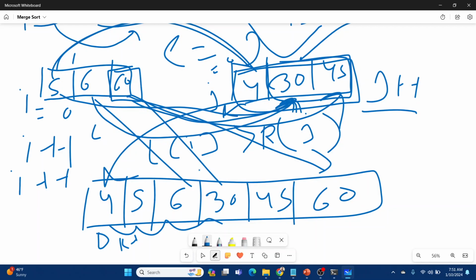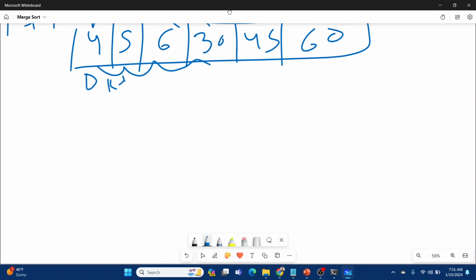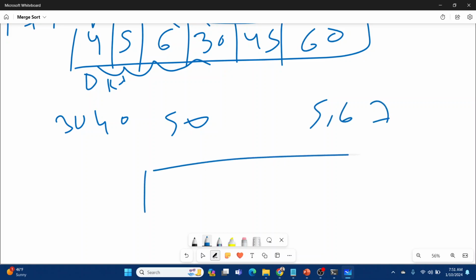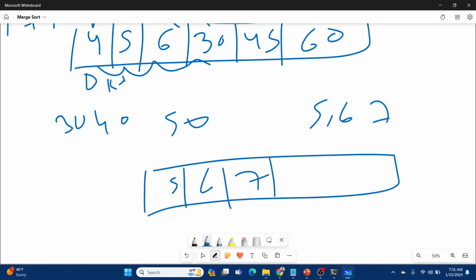There can be a chance where, say, the left was 30, 40, 50 and over here was 5, 6, 7. So when you are trying to merge them back, 5, 6, 7 all came over here but no element came from over here.